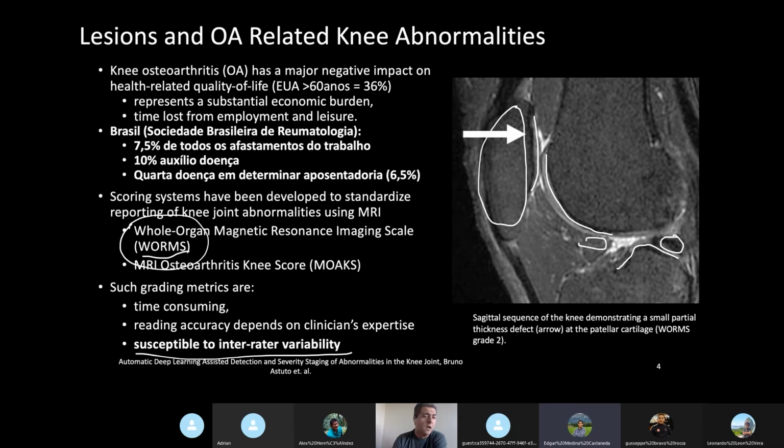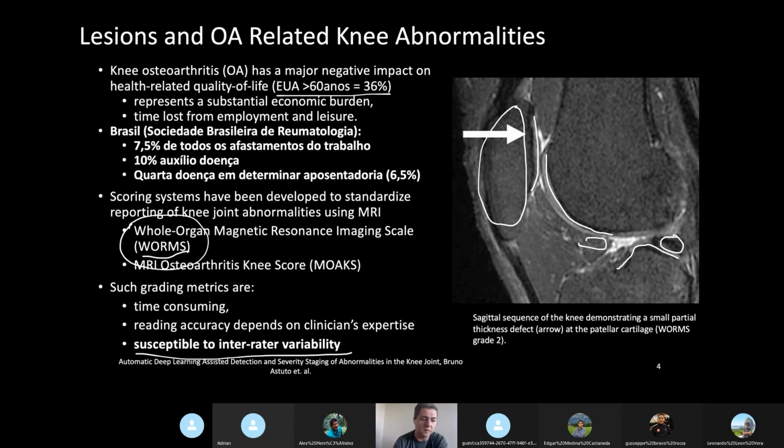No. This is just data on how much knee osteoarthritis impacts the life of people all over the world. This is a very serious disease, and so this is just to motivate the work.